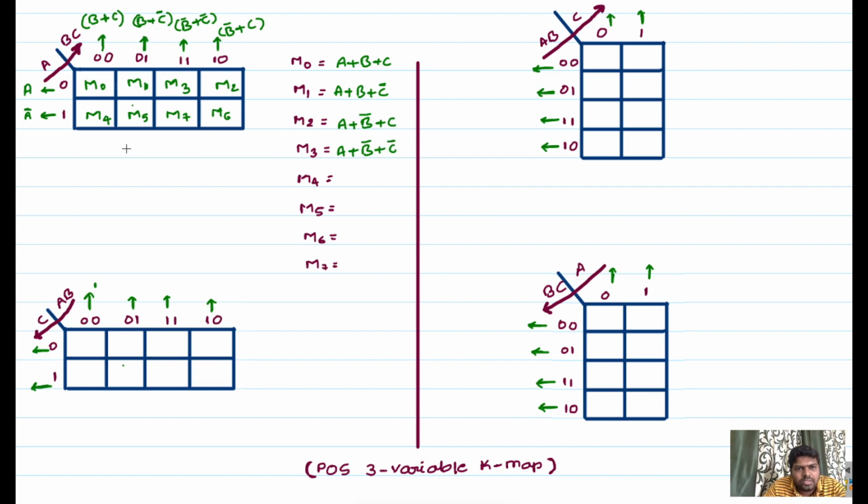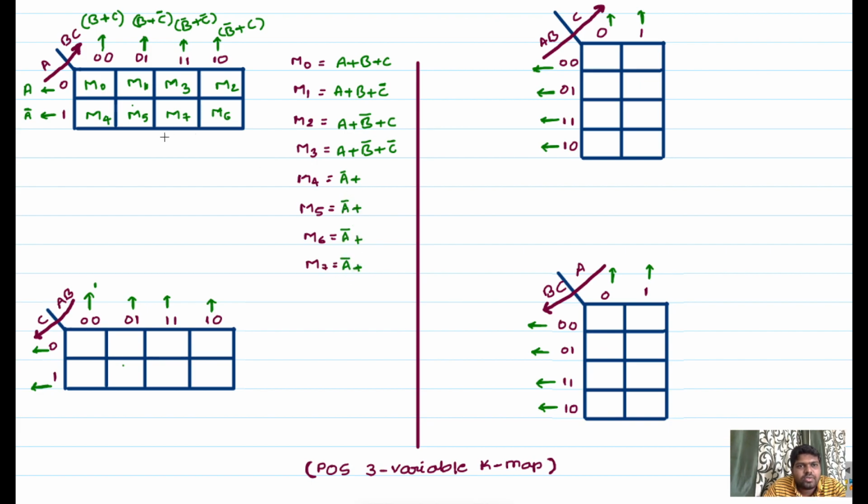Here you can observe M4, M5, M6, M7, in all these square boxes the common element is A bar, that means 1, right? So first you can indicate this A bar position. I will take A bar plus, A bar plus, A bar plus, and A bar plus.